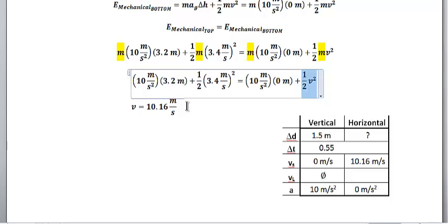We need to do some kinematics on it. What do we know? Vertically, the kid, when it's in the air, is going to fall 1.5 meters. That was from the picture. We initially didn't know time. We knew that vertically it started at 0 meters per second, and that acceleration was 10 meters per second squared.